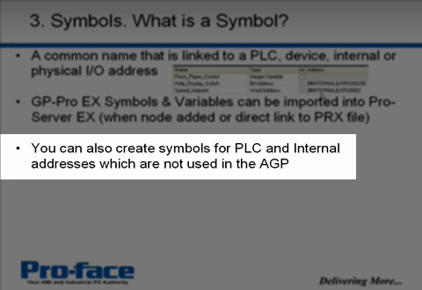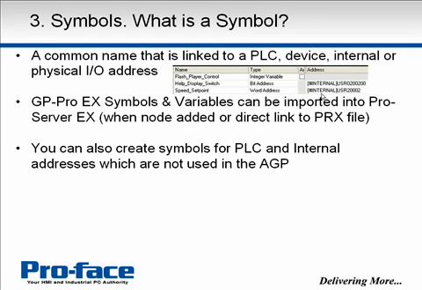But you can also create symbols for PLC devices or other addresses that are not used in the AGP. The AGP program may have been designed for symbols that are of interest to the operator, and now we may need access to other symbols which are of interest to, for example, the plant manager. So we can add those in addition to anything we import from the application itself.